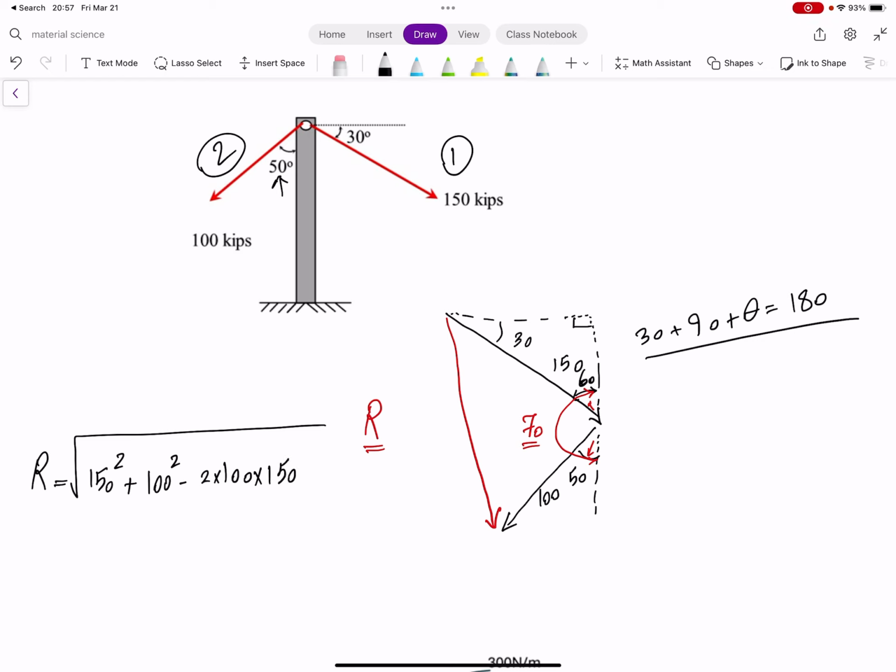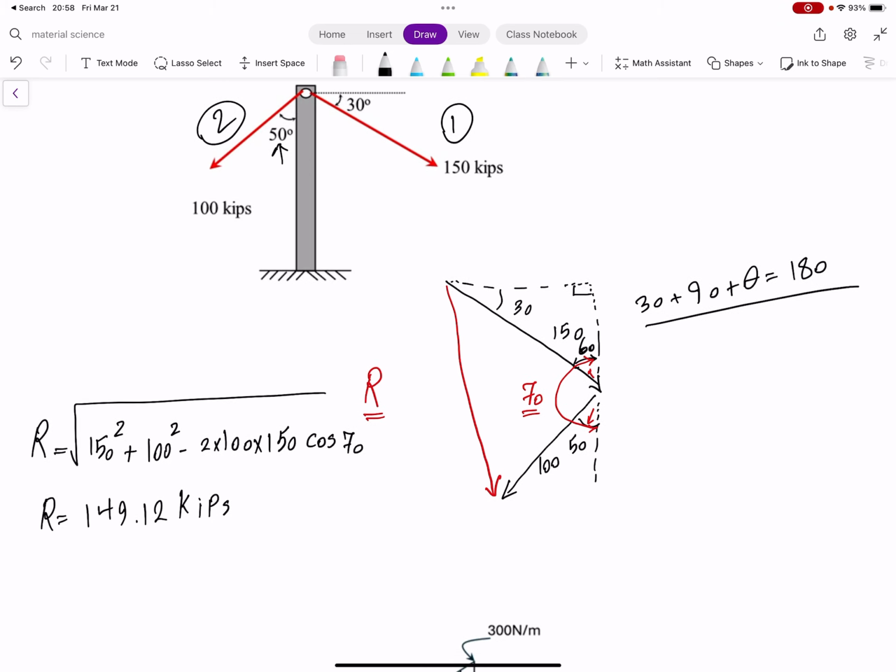I think in my solution I forgot to use 150. Then multiply by cosine 70 degrees. R will be 149.12. Okay, so this is one.